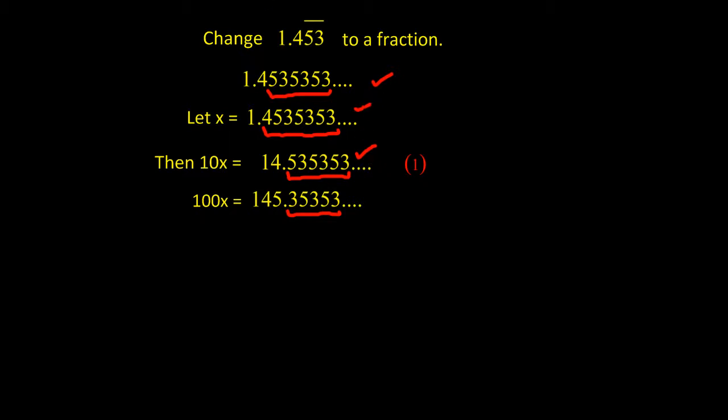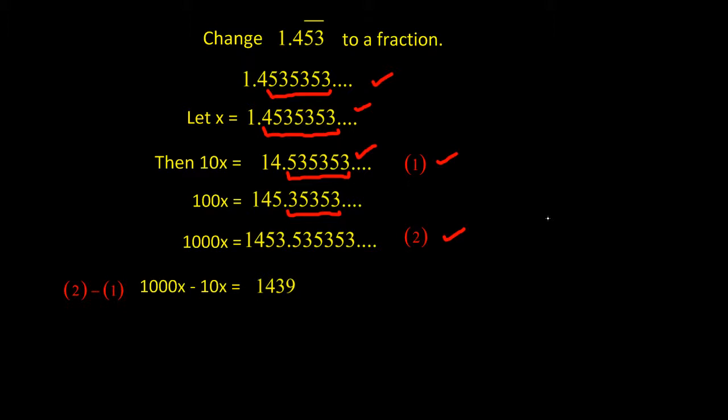But if I go one step further and multiply it by 1,000, we actually now have two lines where the decimal part is identical. Now this allows us to do some work with eliminating that end part.